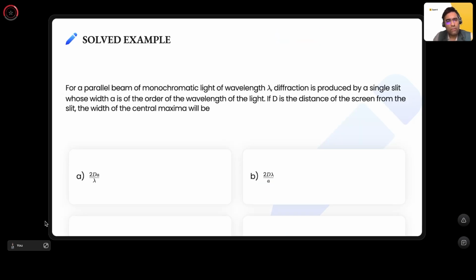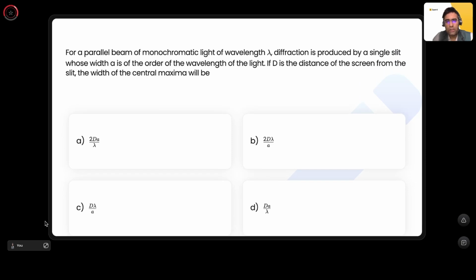For a parallel beam of monochromatic light of wavelength lambda, diffraction is produced by a single slit whose width is a. So this is about the diffraction, and slit width is a. This is the screen. So here it is a, and a parallel beam of light is incident over here.